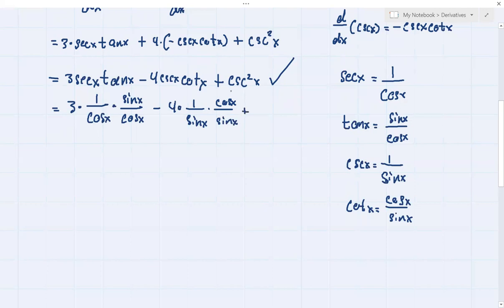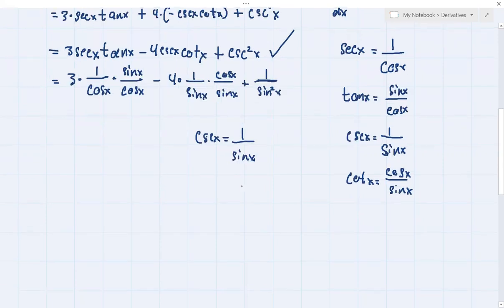Then lastly, we have cosecant squared x. So kapag meron tayong square na cosecant, tapos gusto mo siyang gawing sine x, so that means this would be 1 all over sine squared x. Ayan. Basically, ganito yun eh. Di ba meron tayong cosecant x equal to 1 all over sine x, di ba? Cosecant x is equal to 1 all over sine x.